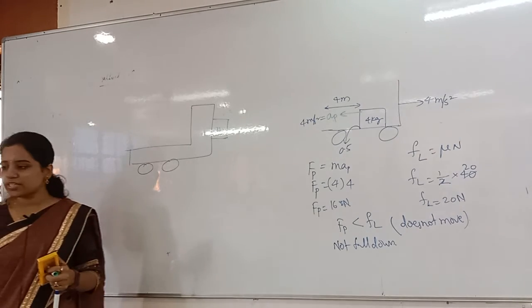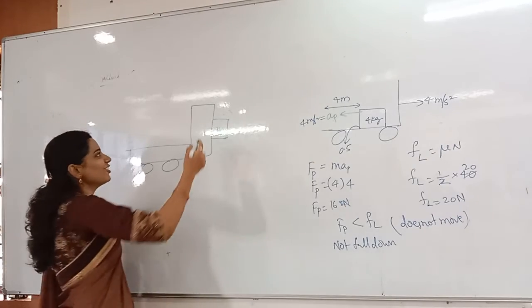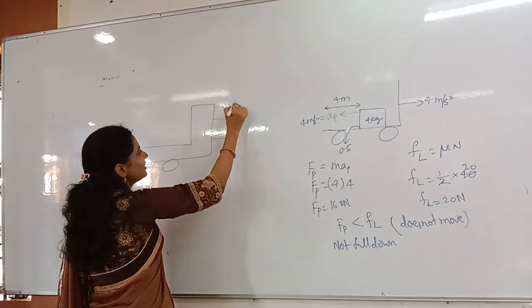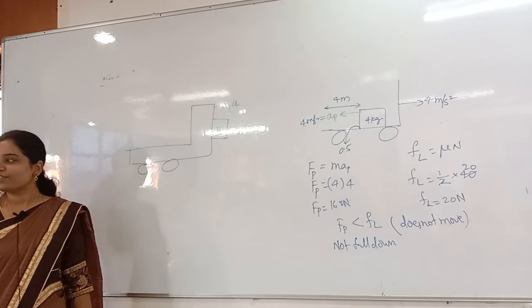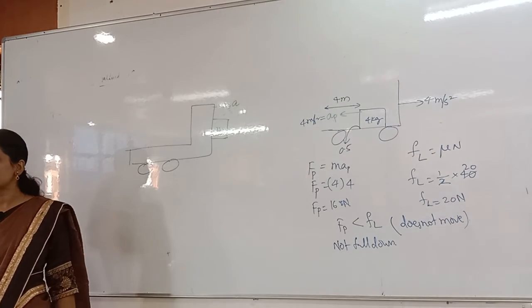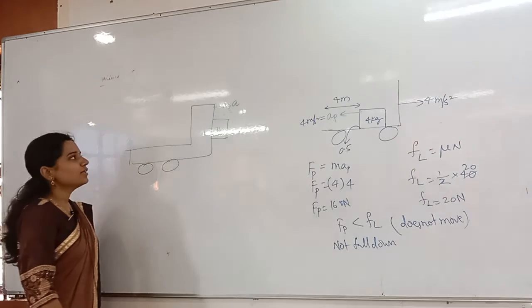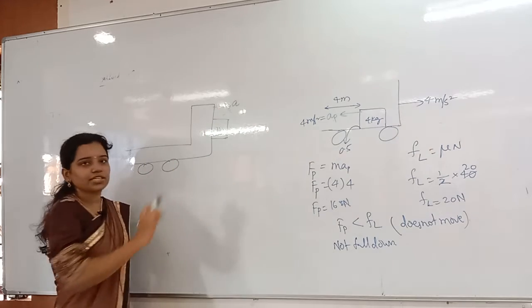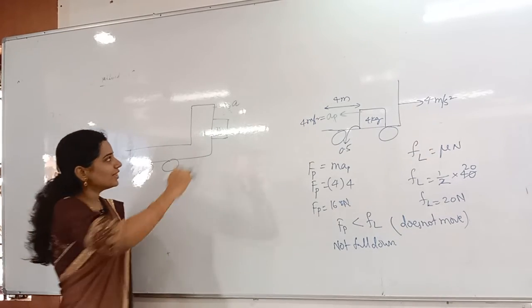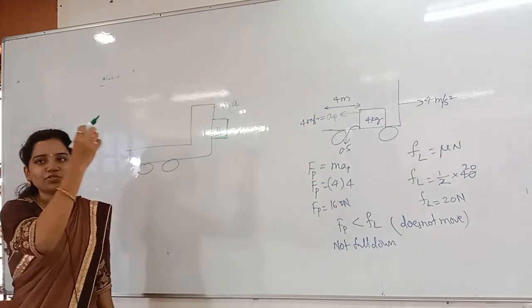What I asked: find A of the car so that the block will not fall down. It will be at rest. Whenever this truck is moving with acceleration A, in the front end I kept a block of mass m, and I don't want it to fall down.